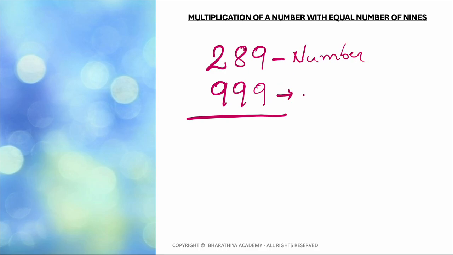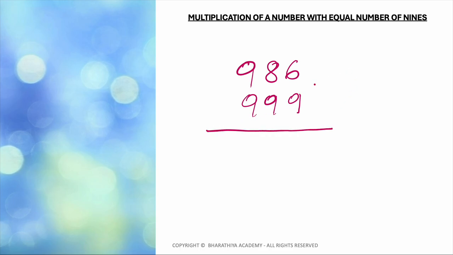When I say equal number of nines, there are three digits in this number, right? One, two, three digits. So three digits, three nines. So that is what I mean when I say equal number of digits. Okay, so let's take bigger numbers, or let's do 986 into 999.